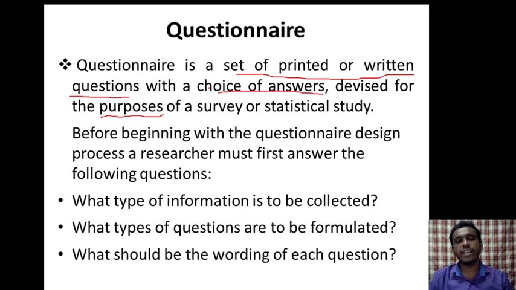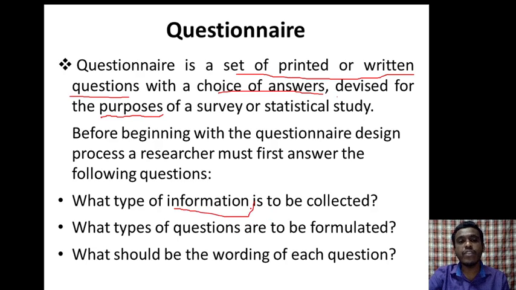So before beginning with the questionnaire design, that is, the steps involved in designing a questionnaire, the researcher has to question himself about certain things. What are these things that the researcher should ask himself? The first one is, what type of information is to be collected?